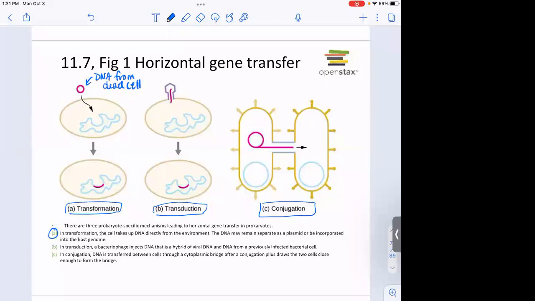Okay, so when a cell breaks down, its cell wall disintegrates a little bit, its cell membrane, its contents leak out. And when you have a cell that is able to be transformed, we refer to that as a competent cell.